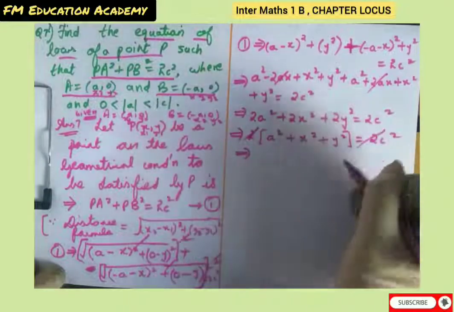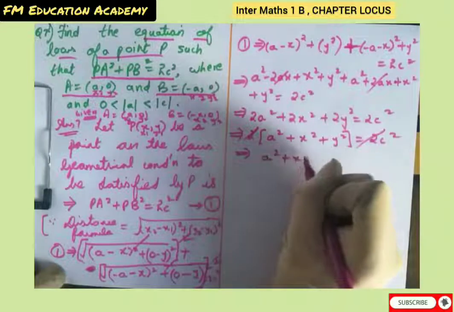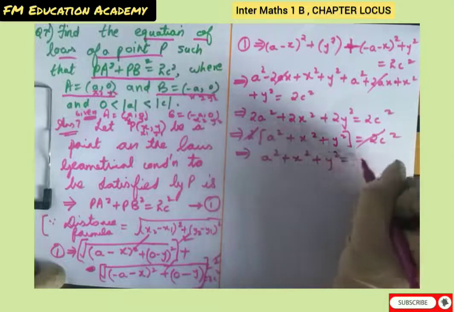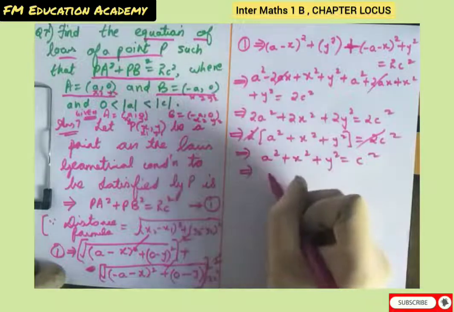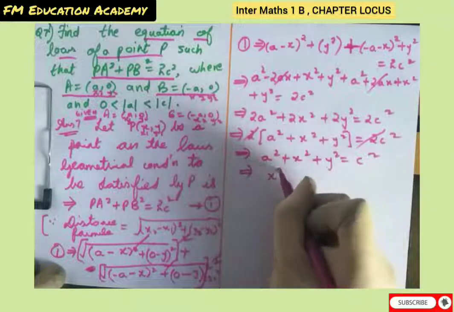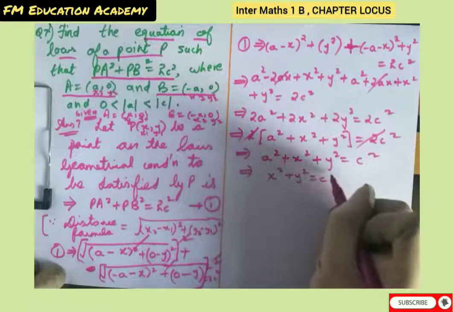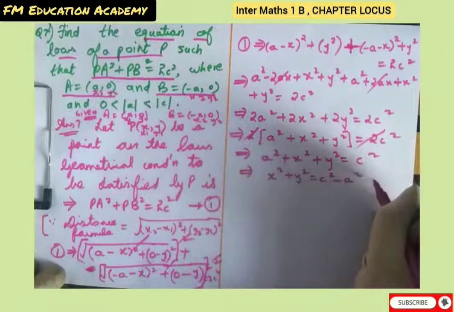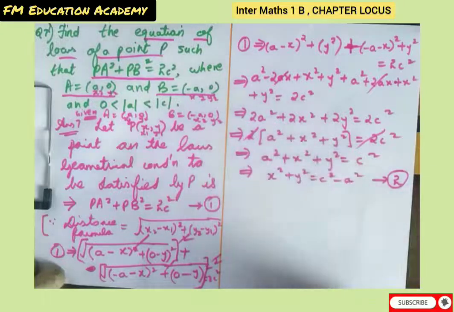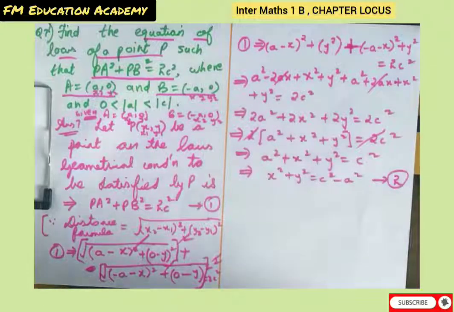So 2 will get cancelled. We are left with a square plus x square plus y square is equals to c square, or we can write x square plus y square is equals to c square minus a square. This is our equation 2, which is the equation of locus.